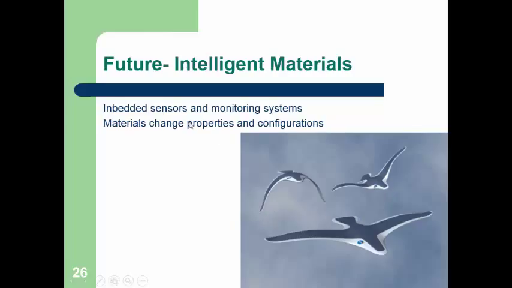We get into some really interesting stuff that's actually becoming reality. Embedded sensors and monitoring systems. The embedded sensors in aerospace are reality right now, and this is becoming more commonplace, I think, in automotive also.